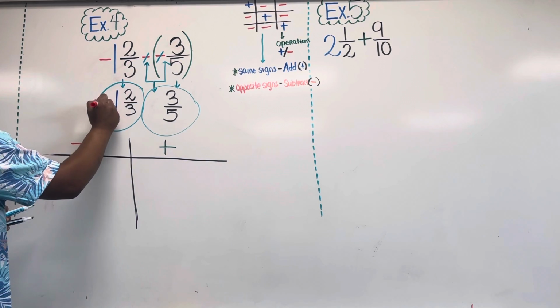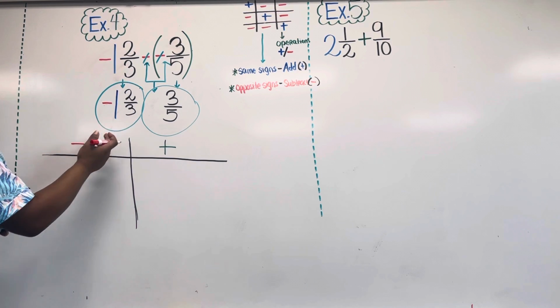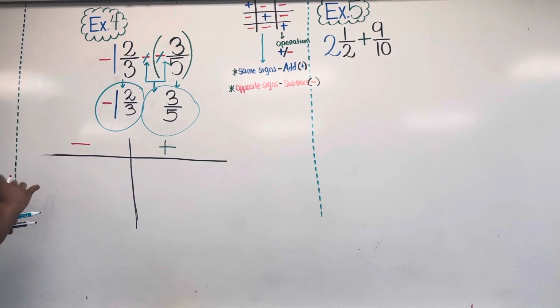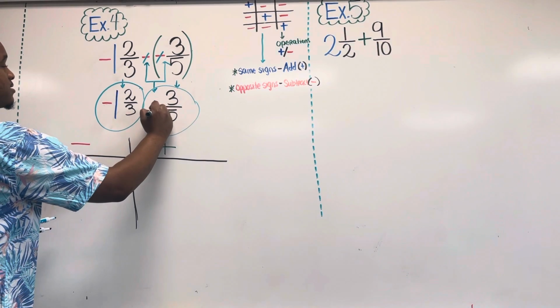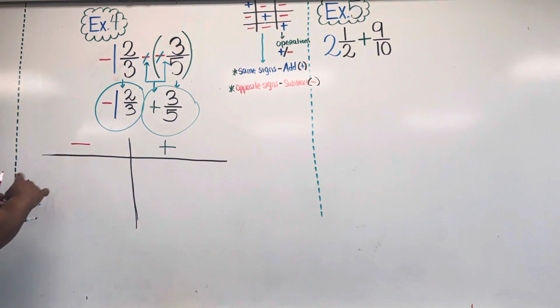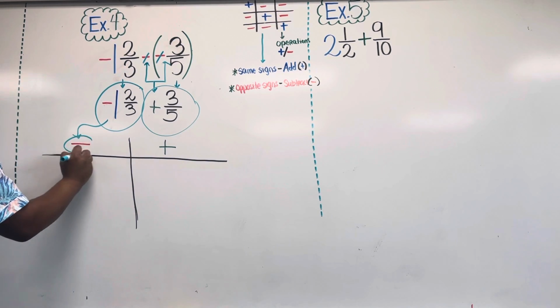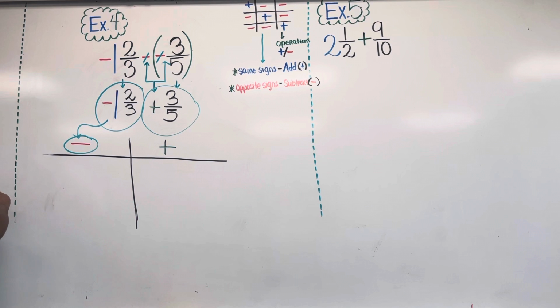But I would have to also include the sign because the sign is telling us where we're going to work, okay? So once again, if I drop the signs, 1 2/3 will be bigger than 3/5, and it's a negative, which means that we're going to have to work on the negative side, meaning that my answer will be negative.